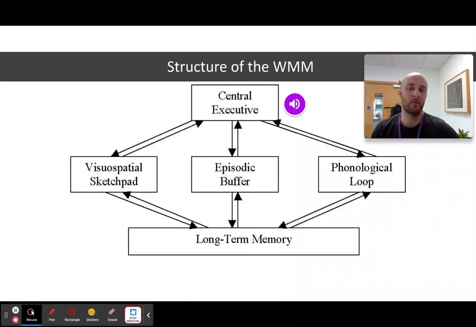Now, the working memory model is a really, really key theory. So I'm going to start off with the very, very basics. I'm going to go through the structure of the working memory model. So you've got the central executive. The central executive is what holds all of your attentional resources. So right now, for example, you have a certain amount of attention, right?